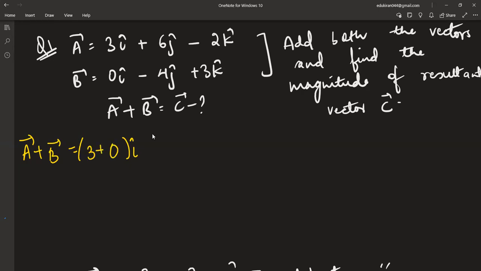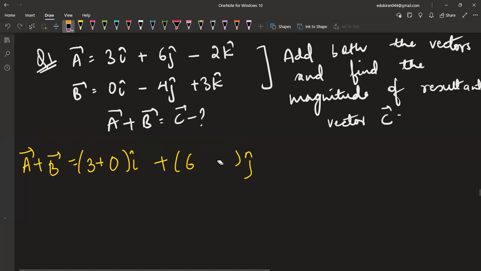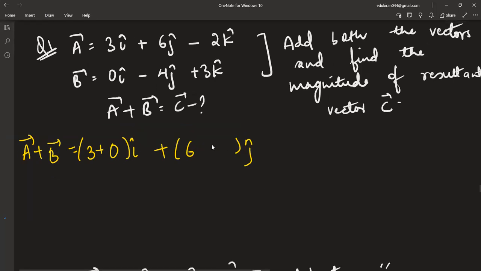Very good, Khadija. What about j cap? 6 plus 4 j cap, is it plus 4? Yes. So it is actually 6 plus, but this becomes minus 4. We'll write this as 6 minus 4 because of the coefficient, 6 minus 4. Khadija, complete this only. If this is k cap, then minus 2 plus 3 k cap.